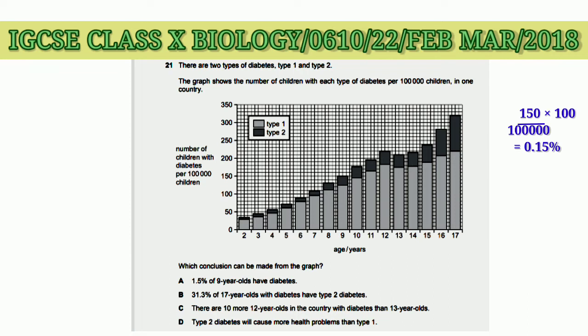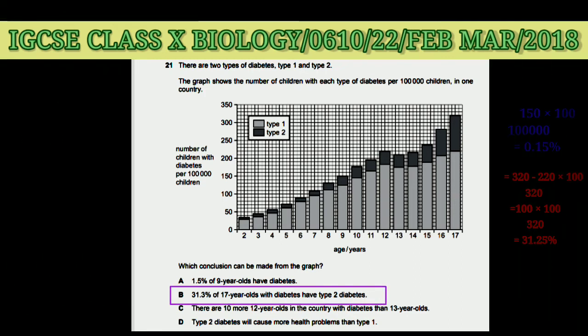That is, the number of 17-year-old children who have diabetes is 320, and out of this, 320 minus 220 is the number of children having type 2 diabetes. That means 100 children have type 2 diabetes. So the percentage of 100 children out of 320 is 31.25%, which is almost equal to 31.3%. So option B is the correct answer.